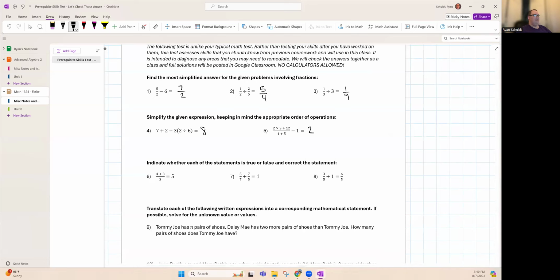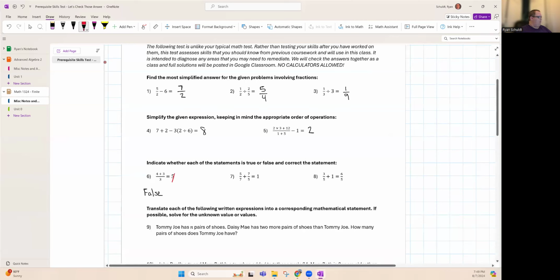Number 6 is false because it's not equal to 5. It's equal to 7/3. Number 7 is false because it's not equal to 1.